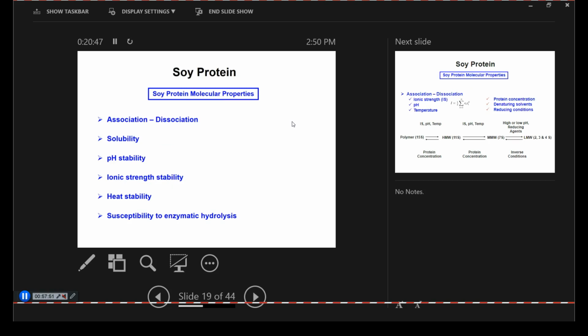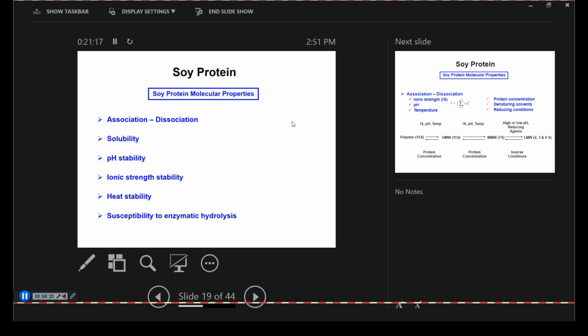So what we'll talk about next is the association. I'll spend 5 minutes and give you a break. The association and dissociation is very important in soy, or in general in legume proteins, because they are present as an oligomer. So there are conditions that will enhance association and conditions that will cause a dissociation.